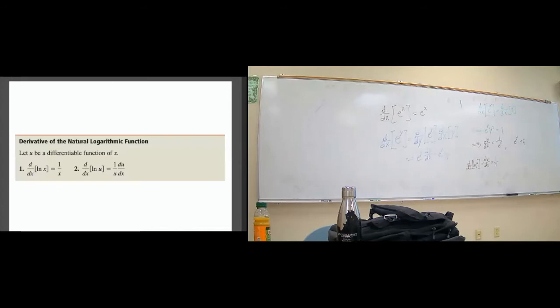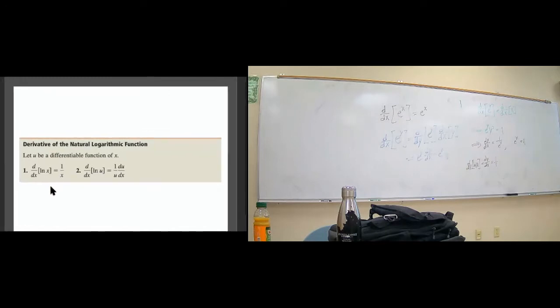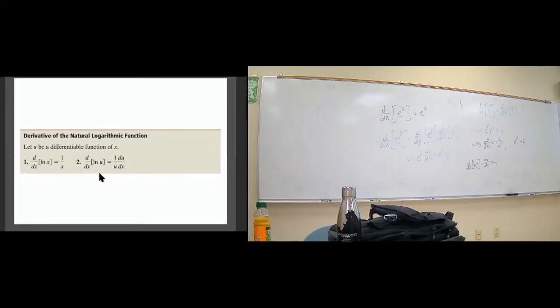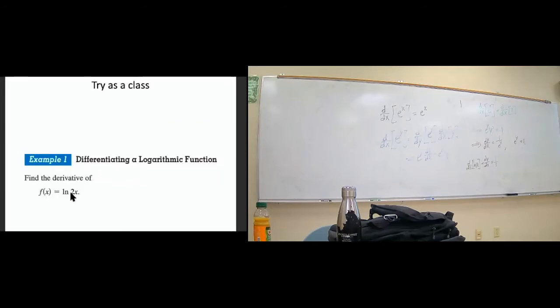So restating that, we get the derivative definition number 1, but as a chain rule definition, it's just going to come out to be 1 over u times du dx when you take the derivative of the ln of u, where u is a function of x. So with this in mind, what's the derivative of the ln of 2x?